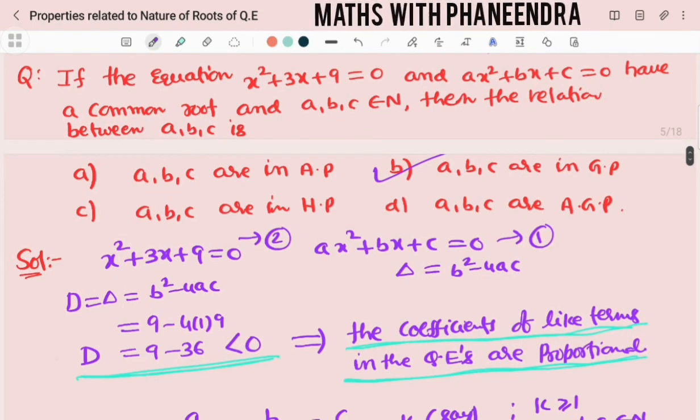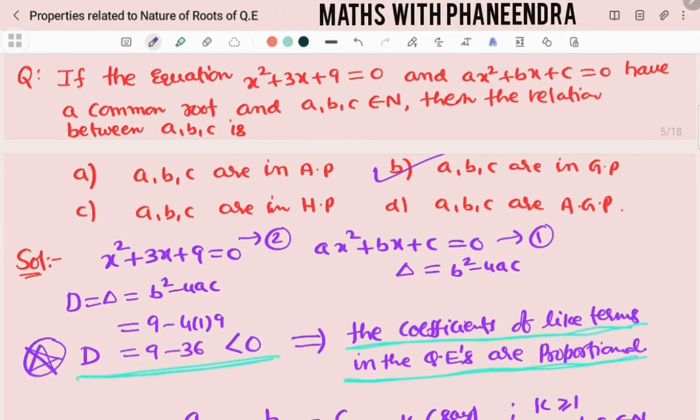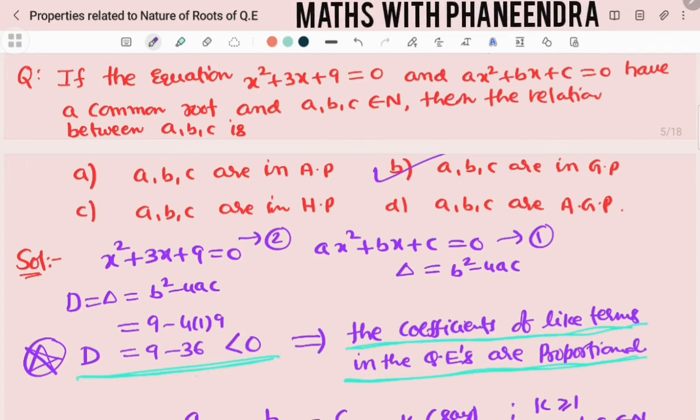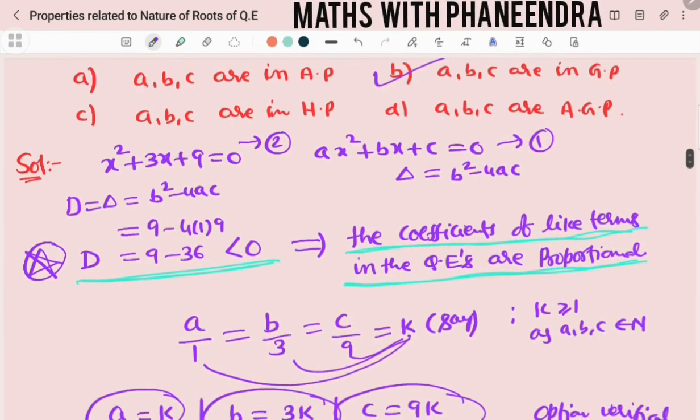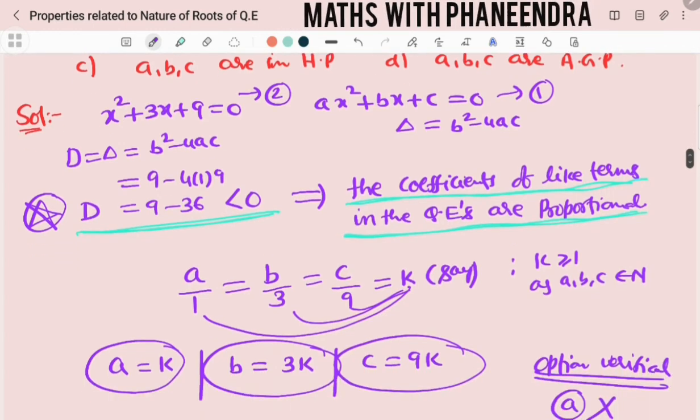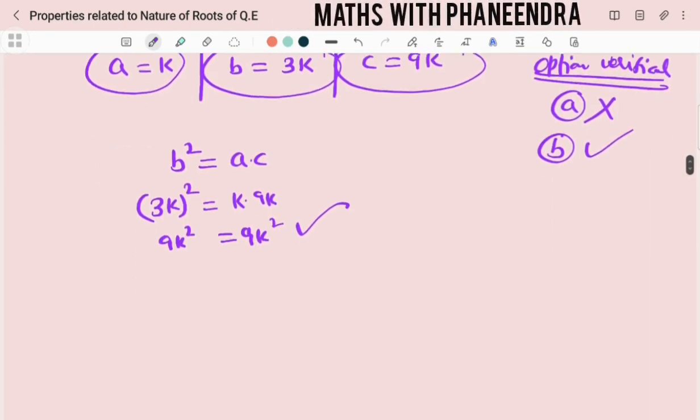This is a very important rule, keep this point in mind. In both the quadratic equations, the discriminant is less than 0, or in one of them the discriminant is less than 0. The coefficients of like terms in the quadratic equations are proportional. Based on this property only, we will get the relation between A, B, C.